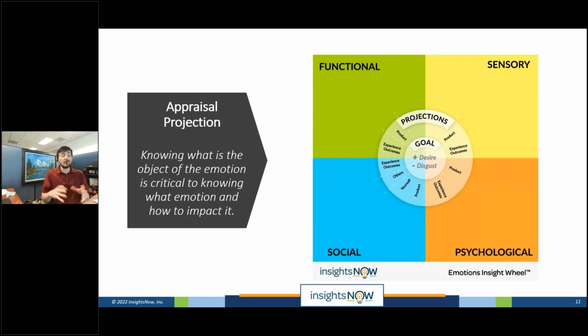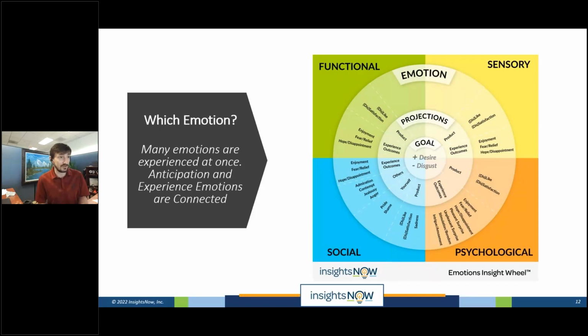And then let's take a look at which emotions fall into what space, and this again is using the Peter Desmet list of emotions that you saw earlier. So if I look at understanding which specific emotion I want to target in a specific conversation with a person, or as I look at the open ends that a person had or the data that they have, for instance, in the functional quadrant, if you have a product-oriented projection, it's going to be either liking, disliking, or satisfaction, dissatisfaction.